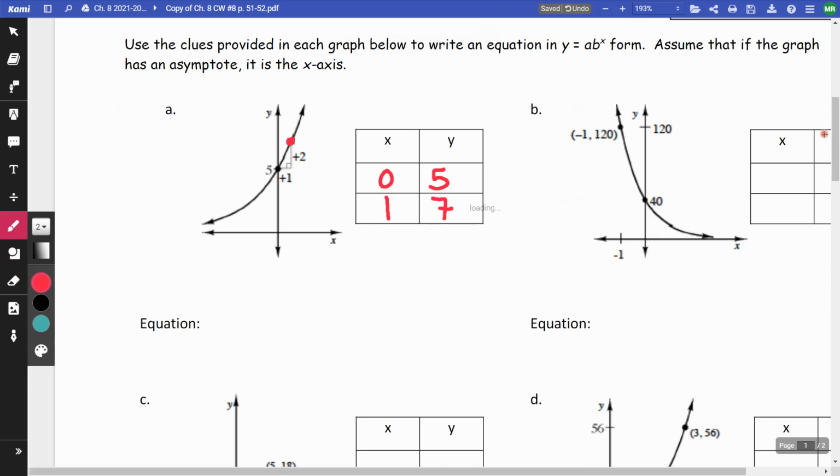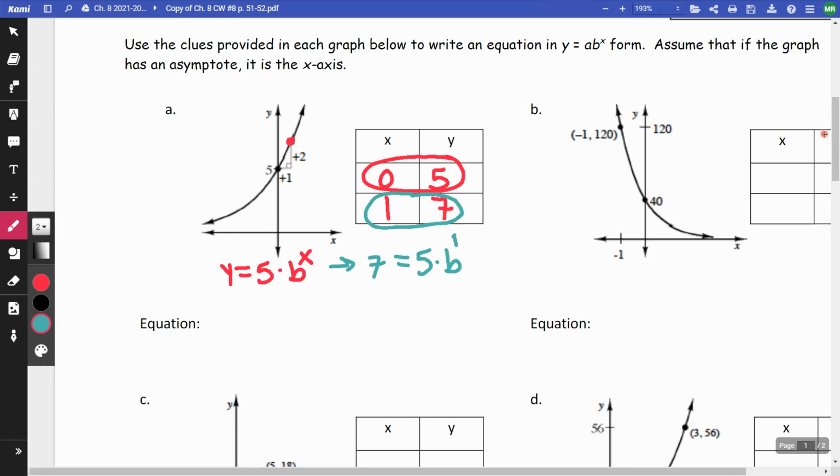So if I'm going to write the equation for this, this is going to be y equal, and my a is always my y-intercept, so 5 times b to the power x. And then I am going to put this point in for my x and y. So when I do that, I'm going to get 7 is equal to 5 times b to the first.